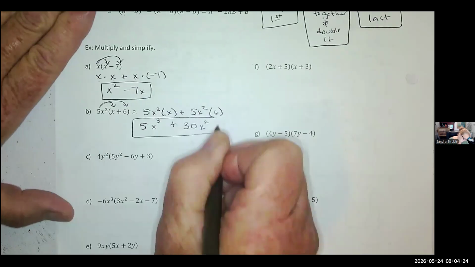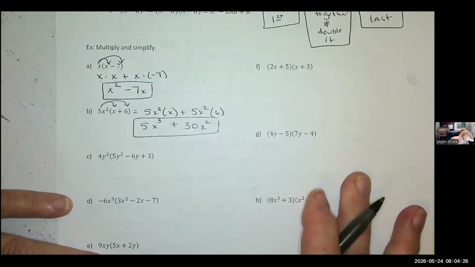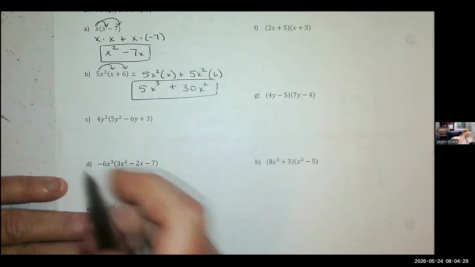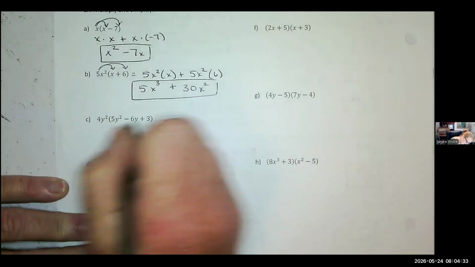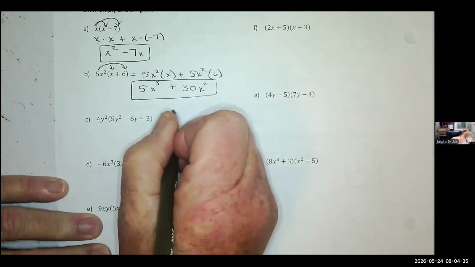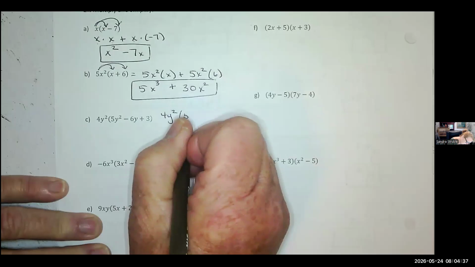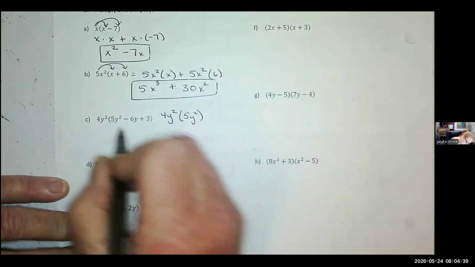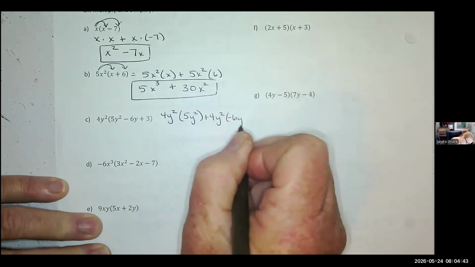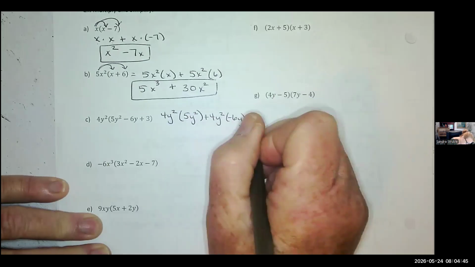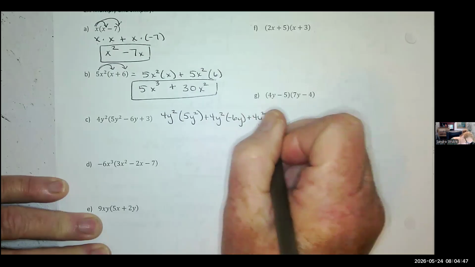All right. Dog hair everywhere. 4y squared times 5y squared, we're just distributing, plus 4y squared times negative 6y, I'm running out of space here, plus 4y squared times 3. 4 times 5 is 20.